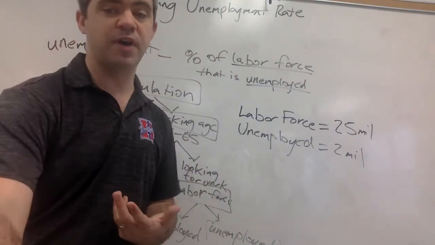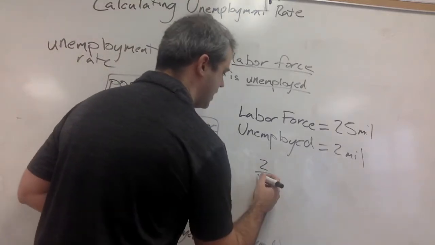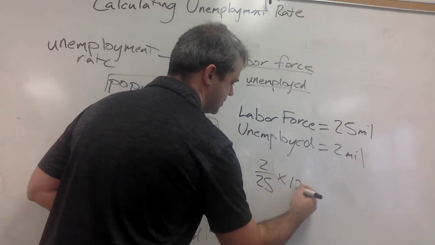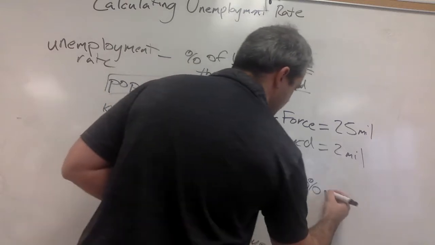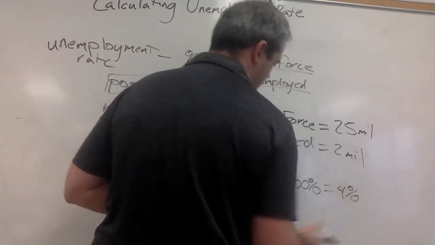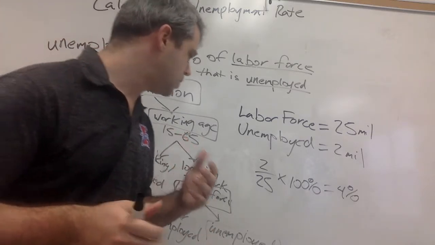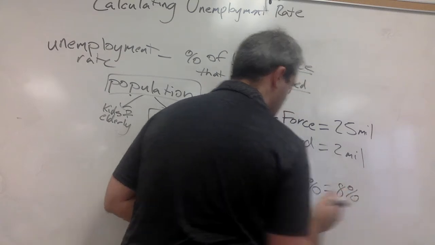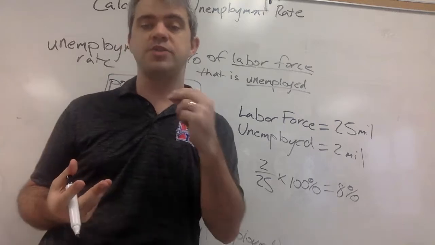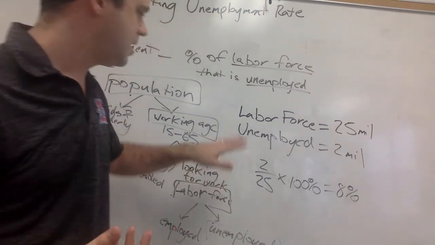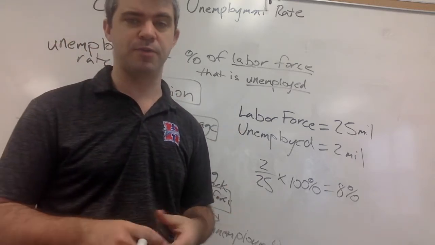To find the percent of unemployed people, we just take our unemployed divided by labor force times 100%. In this case, this would be an unemployment rate of around 8%. So doing the calculation is easy once you know which numbers to use. Again, it's just unemployed divided by the number who are in the labor force.